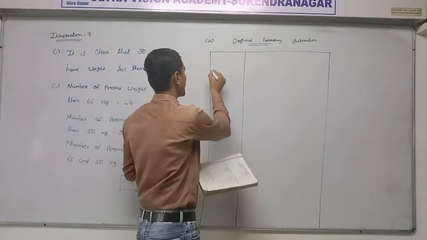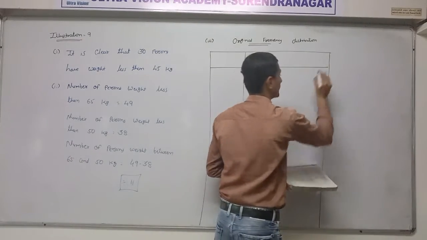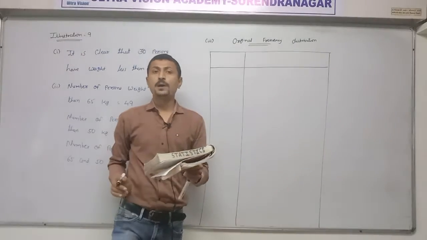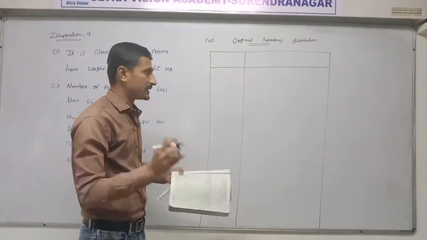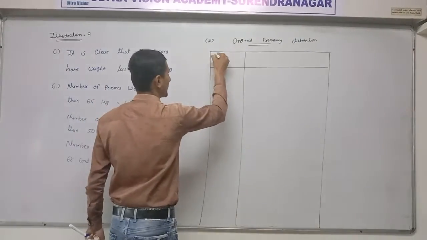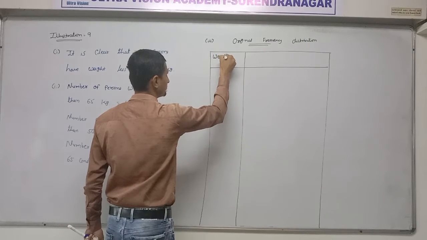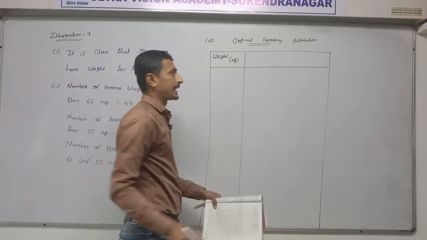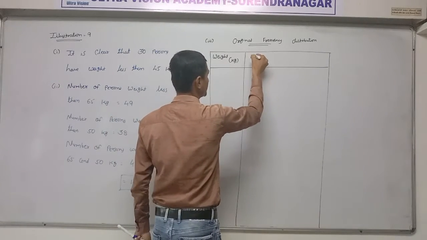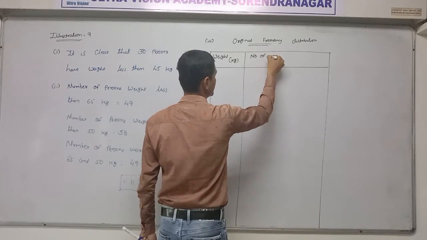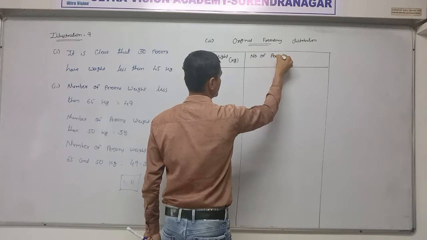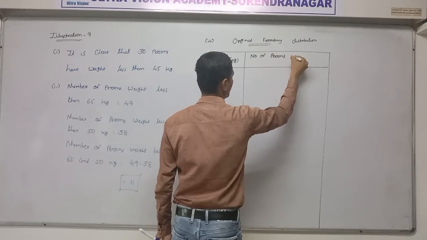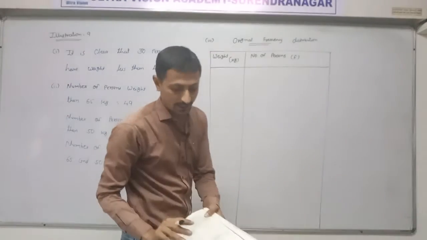The less than upper boundary point weight is given. In the first column, the heading is weight in kg. In the second column, number of persons, our frequency f.